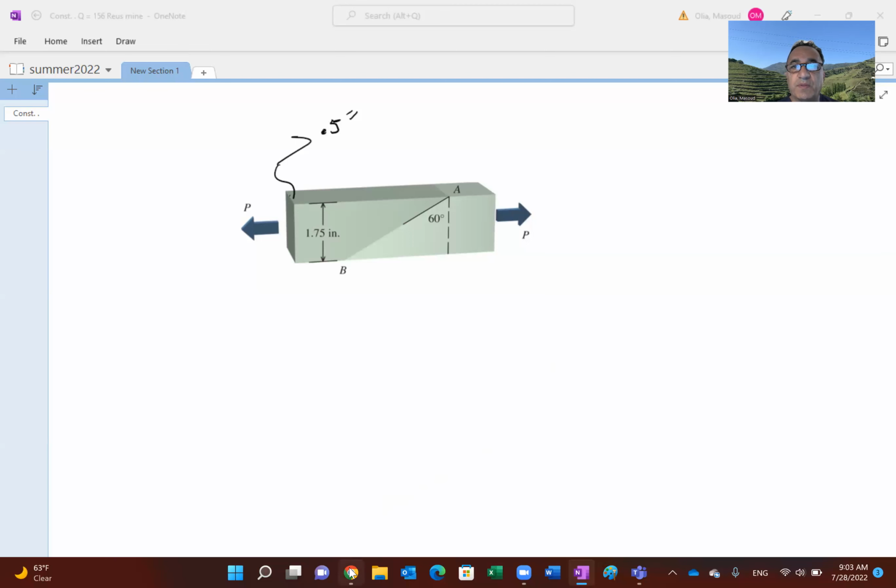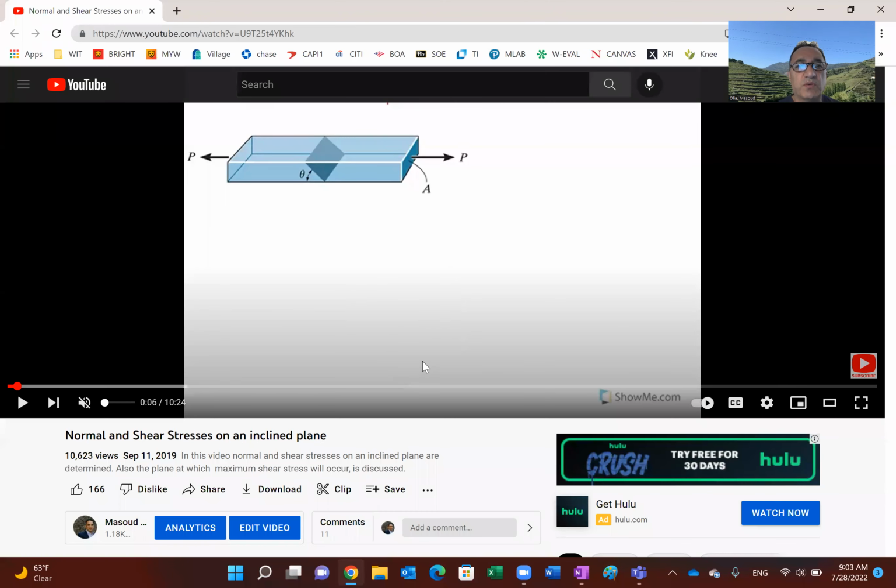I'm talking about this video that I put up some time ago, in 2019. I'm just going to fast forward to show you the equation. Basically, you have an axially loaded member, and this is a rectangular block. You want to find the stresses that are developed on an incline.